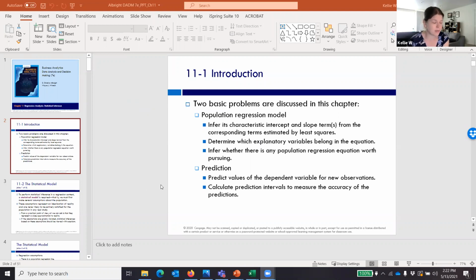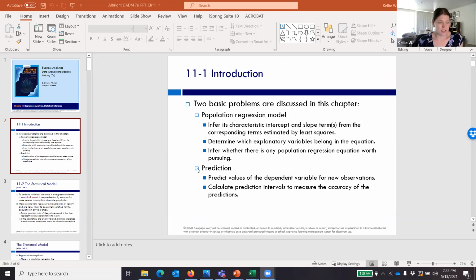For example, when we ran the data on warehouse, we pulled a sample of 36 months. But if we pulled a different sample of different 36 months, we'd get slightly different values. So that's what we mean by we calculated the intercept and slope terms, but then we're inferring that from our sample, we can apply those same intercept and slope terms to the population.